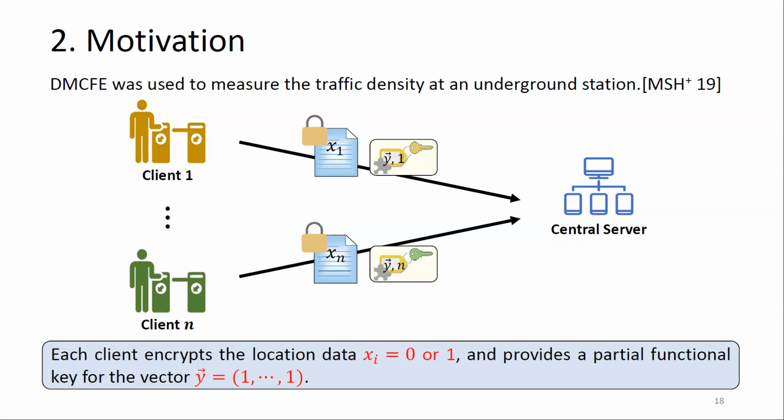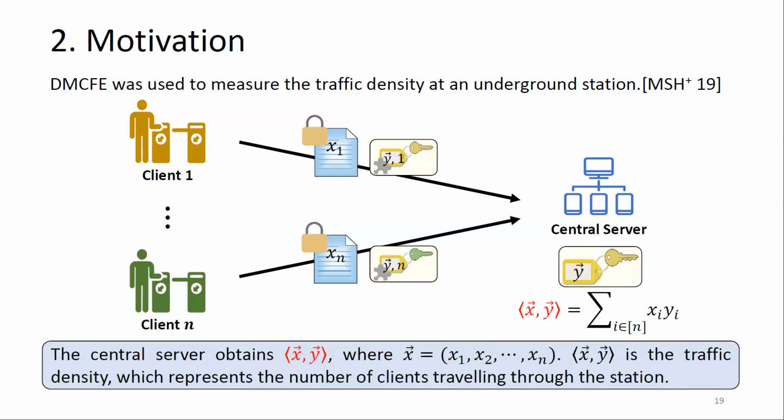Later, each client provides a partial functional key for the vector y. This vector is fully filled with 1, and its length is equal to the number of clients. Then the central server combines the partial functional keys and obtains the functional key.